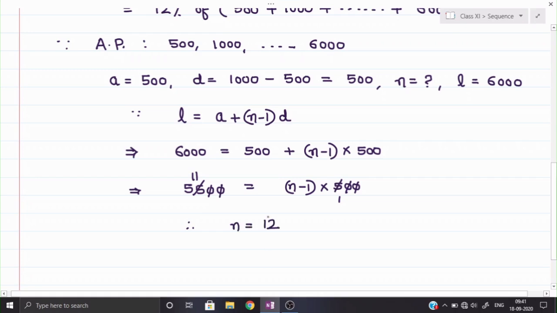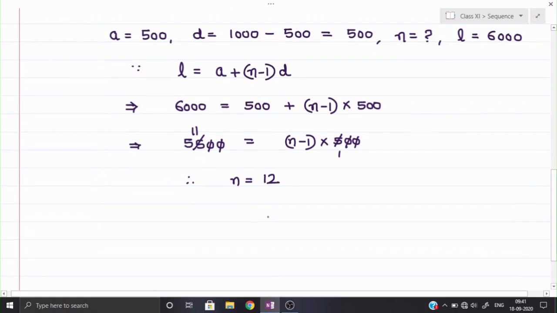Now let us find the sum, because we require the sum to find the total interest. So S12 is equal to 12 upon 2 into the bracket 2 into A, what is A here? 500, plus N minus 1, that is 12 minus 1, into D. So that will be 500 again, because A and D are the same here.